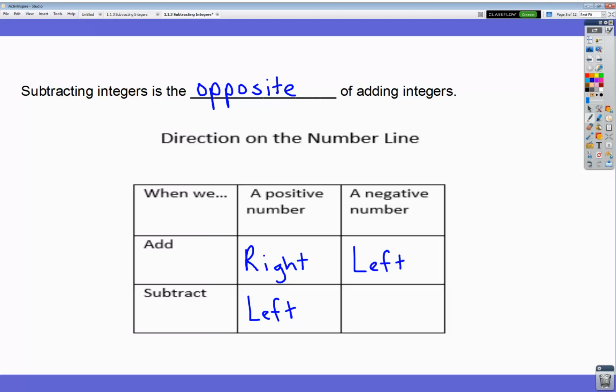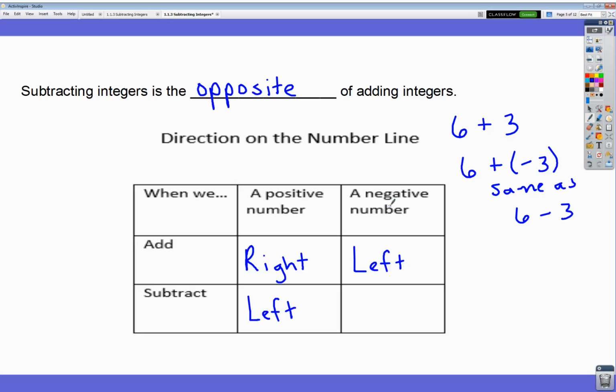So for example, adding a positive number would be like doing 6 plus 3. We would go right. If we're adding a negative number, we might have 6 plus a negative 3. And this is the same as 6 minus 3. Just like when we subtract, we go to the left.